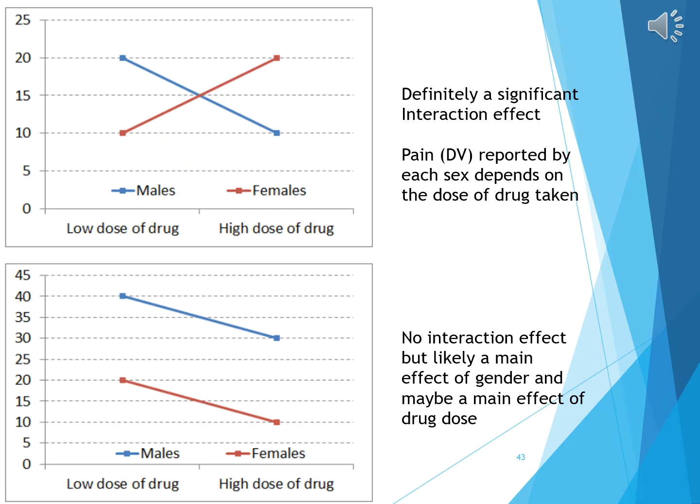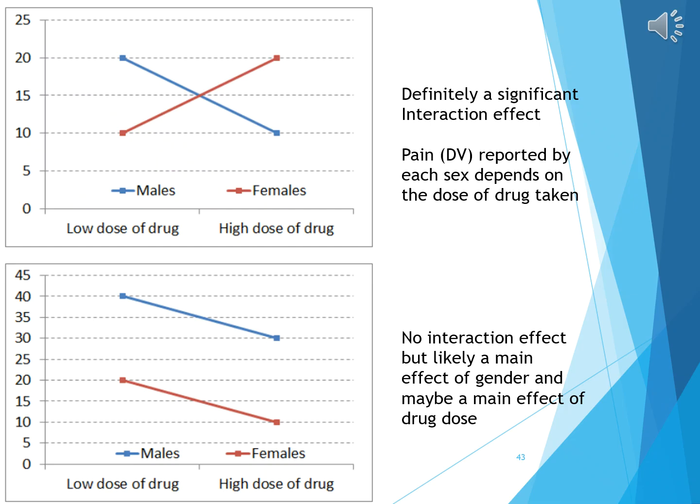Now, the bottom graph is showing you parallel lines, right? So there's not going to be an interaction effect, meaning that the effects of the two independent variables, sex and dose of drug, do not interact with each other. They're not dependent on each other to affect the overall pain ratings in this case.